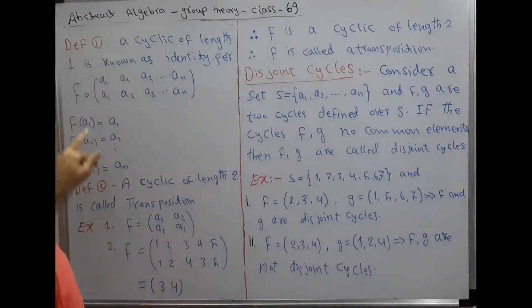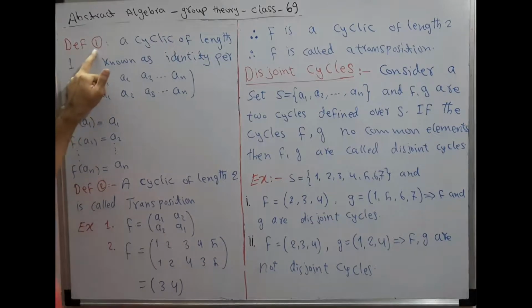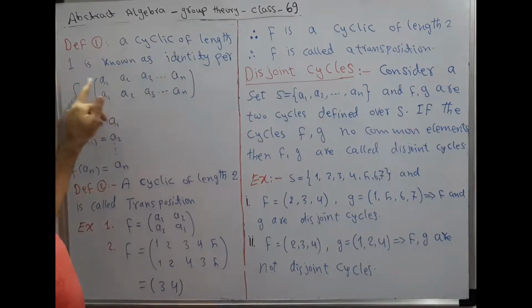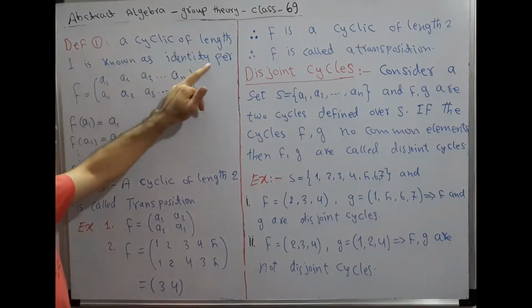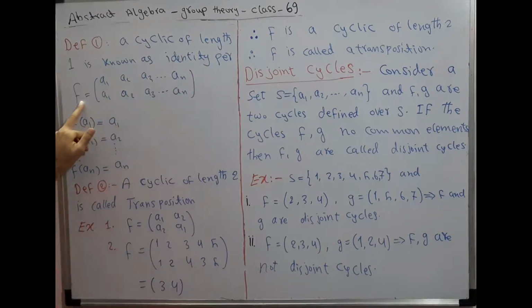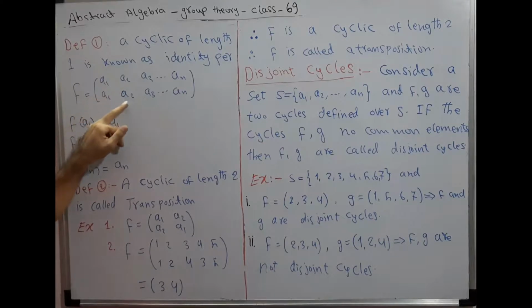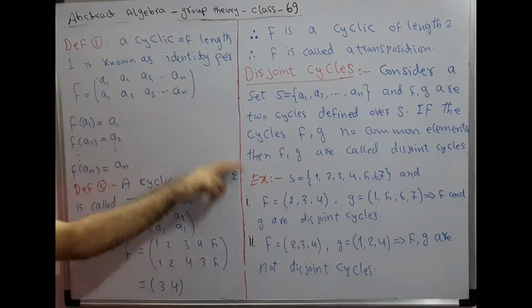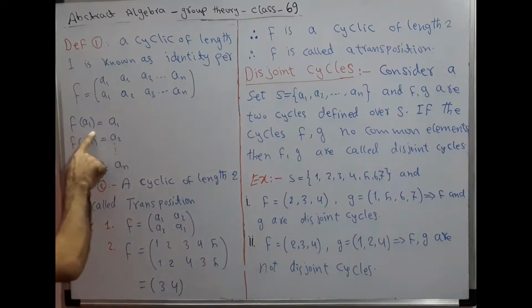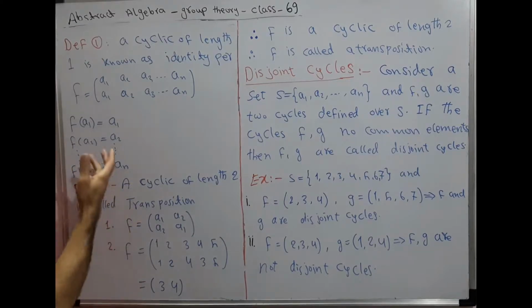Here are two definitions. Definition 1: a cycle of length 1 is known as the identity permutation. If we have f mapping a1 to a1, a2 to a2, and so on, an to an, then the length of this permutation is 1. This kind of permutation is called of length 1.